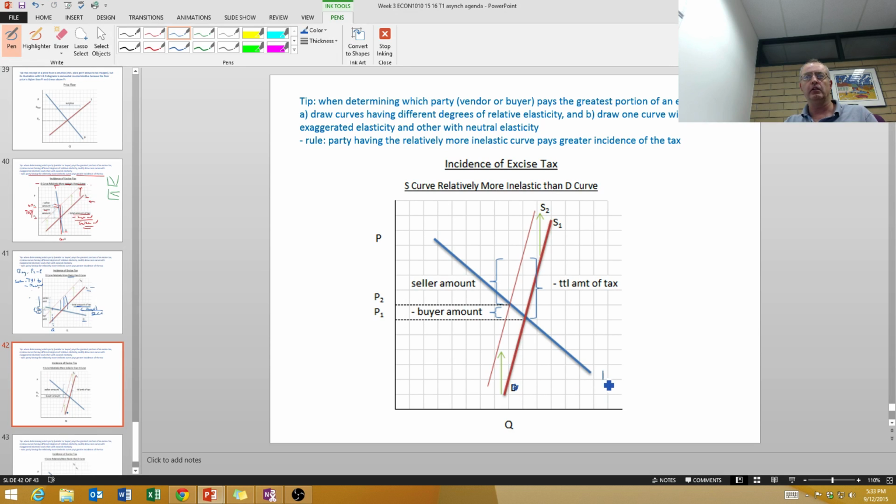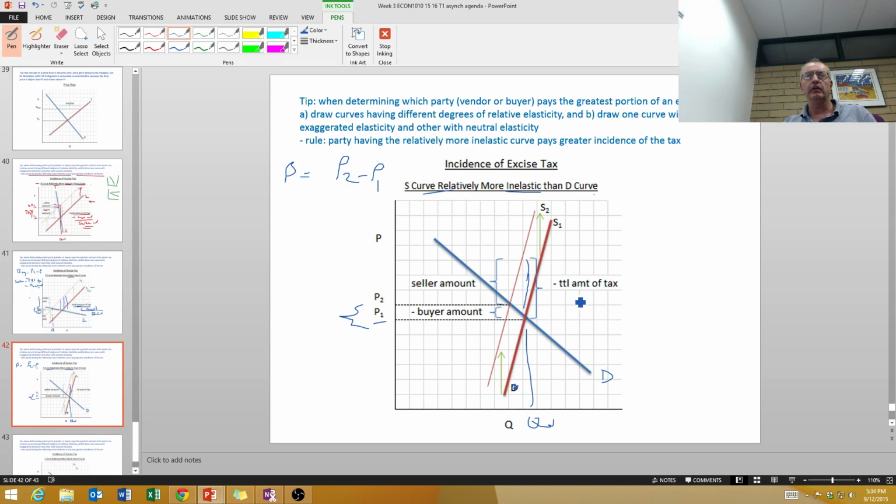Anyways, here's our demand curve. And the supply curve is relatively more inelastic, so the supply curve is relatively steep. Here's our original equilibrium price. Here's our original equilibrium quantity. And the government imposes the same tax. So the buyer amount equals the new equilibrium price minus original equilibrium price, so the buyer pays this little amount here.